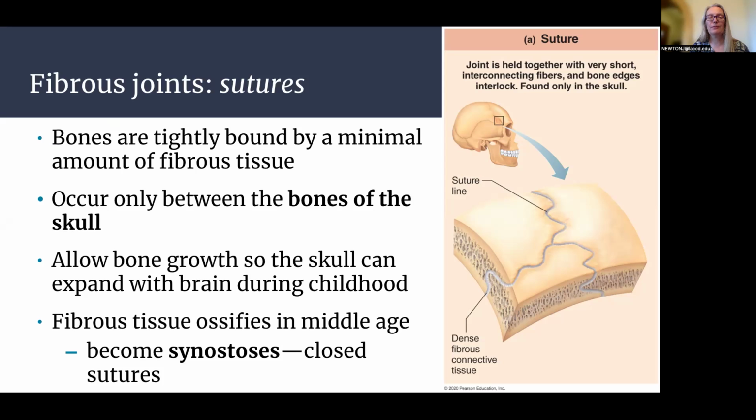What does happen, though, once we've finished the major growth period after puberty, the fibrous tissue here in the joint between the bones in the suture can start to ossify. So that means it becomes more bone-like. And when this happens, we say that these sutures have become synostoses, which means closed sutures.